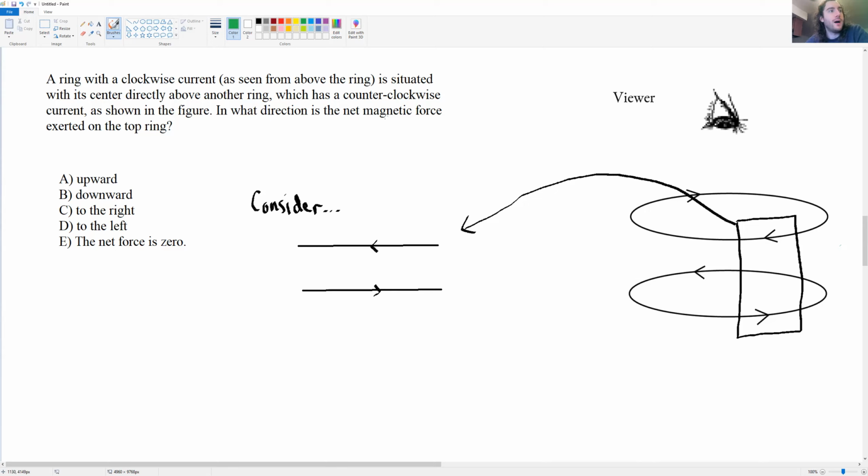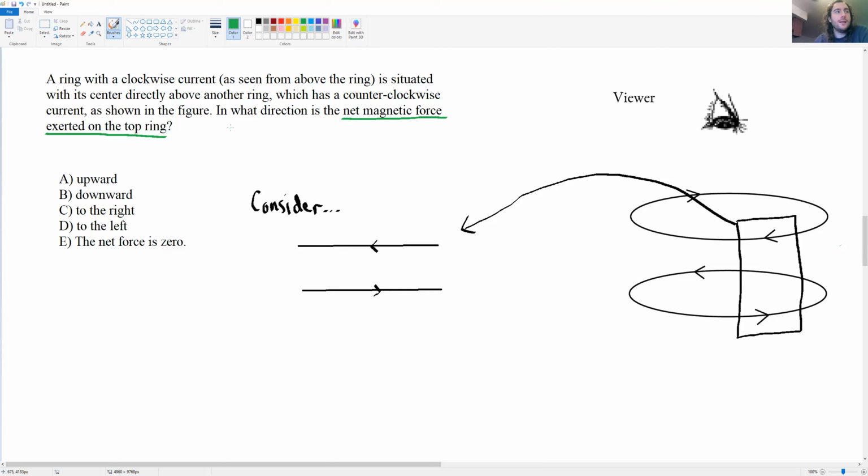It's all about the magnetic field. We're interested in the magnetic force on the top ring. So we need to know what the magnetic field is at the top ring.